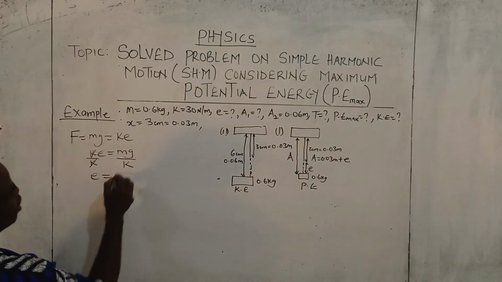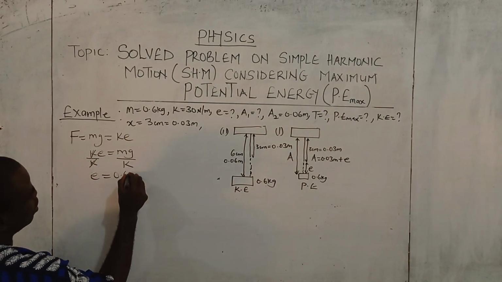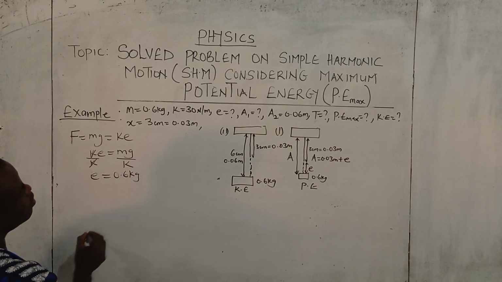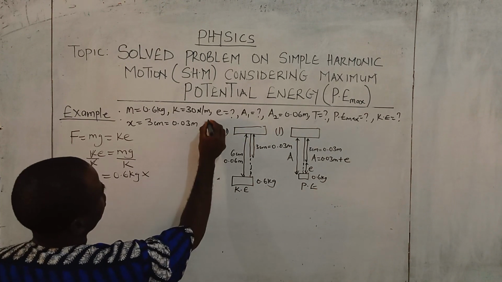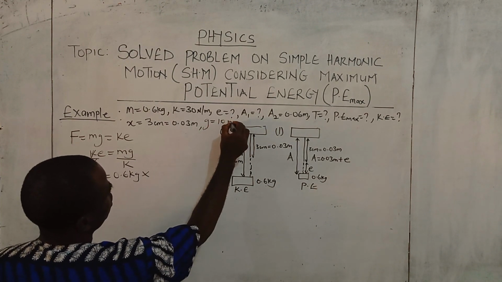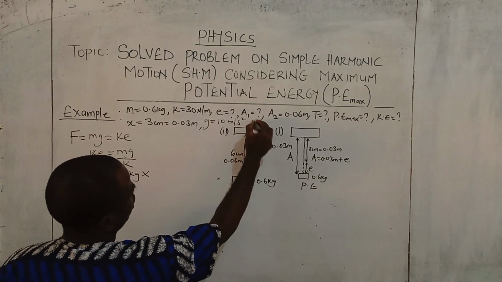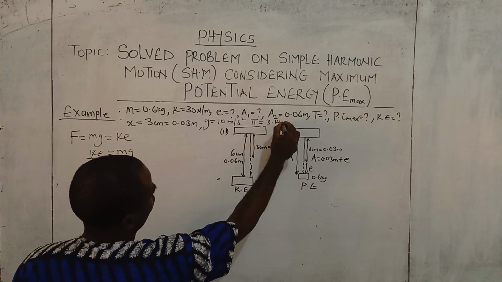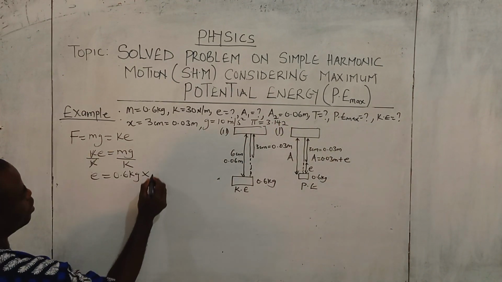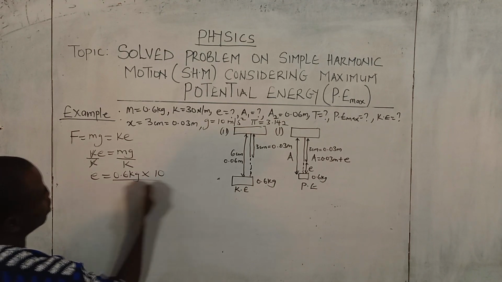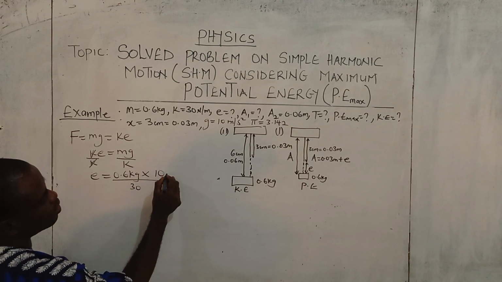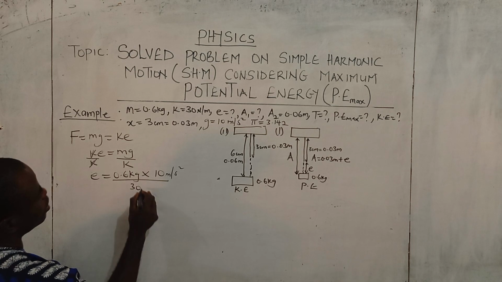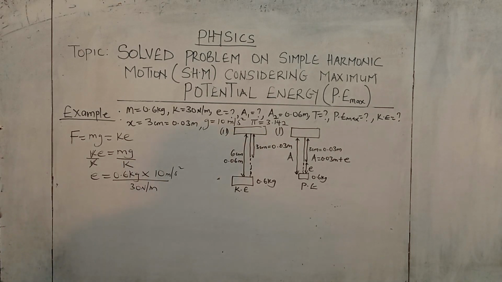Extension equals mass, 0.6 kilogram, times acceleration due to gravity. We have g equals 10 meters per second squared, and our pi equals 3.142. It's a constant, which is 10, divided by k, with our k 30 Newton per meter.